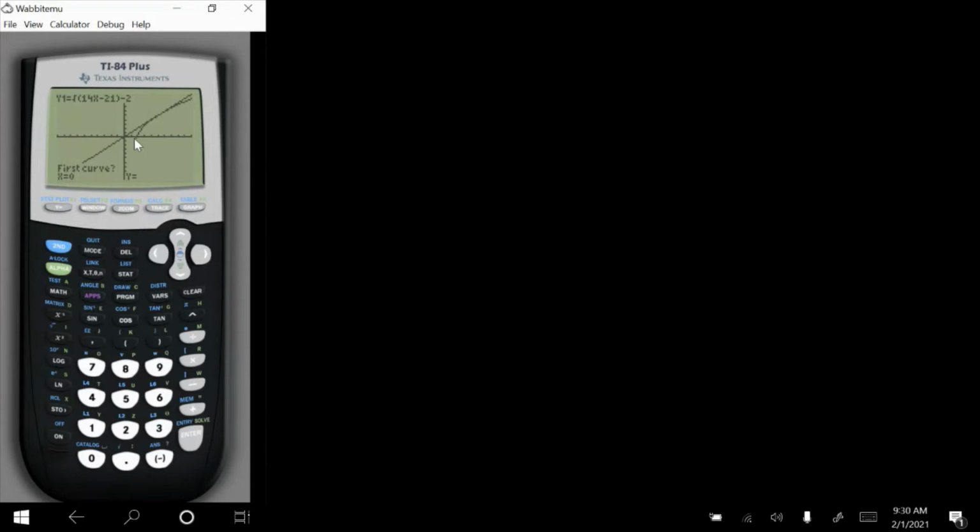It starts with an x value that's probably a little larger than 1. So to get this blinking cursor on the screen, let's just hit the right arrow key until we see something show up. After a few clicks of the button, it does end up on the screen, and we're able to move it along this graph. Now remember, with the intersect feature, you don't really have to answer these questions. You just move your blinking cursor near the area where they're intersecting and press enter 3 times in a row.